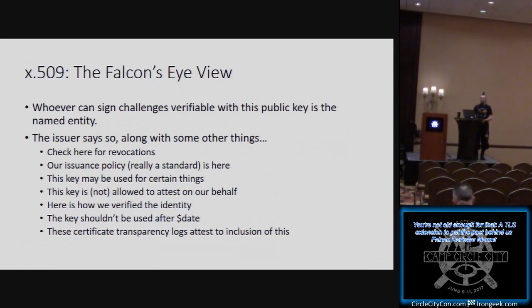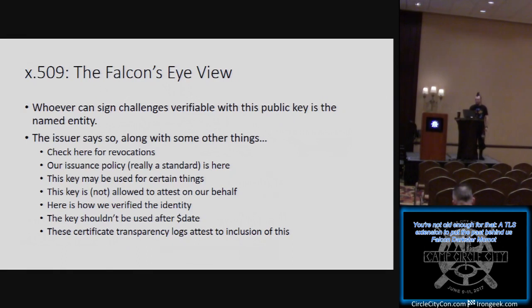The issuer adds many things to this document. It says things like, here is the point where I distribute my CRLs, check here for revocations, check there for OCSP responses. This key may be used for certain things. You can use it to encrypt website connections, but not say to sign code and emails. Because it didn't want to attest to you as a developer, just you as a website operator. It says whether or not the key is a sub-CA allowed to make attestations on the CA's behalf.